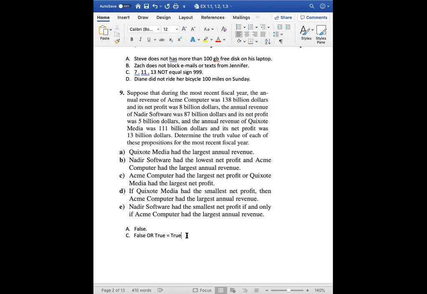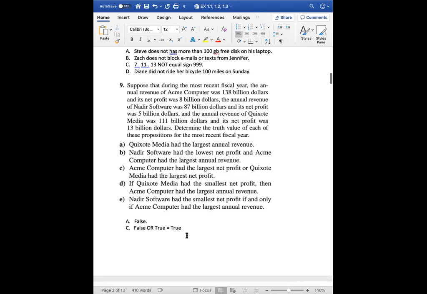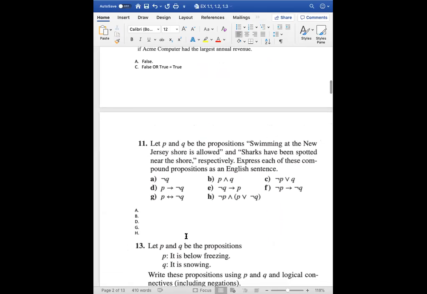I was asking about part E. Could you please do that? Yes, like I mentioned earlier, if you have any special requests, questions you want me to solve, please email me those questions at least 24 hours ahead so I can skim through them and understand them. Okay. All right. Let's move on to question number 11.